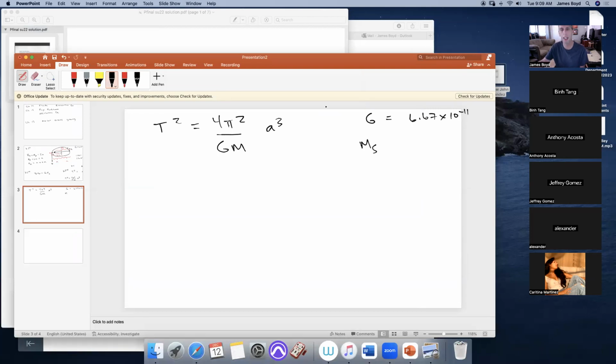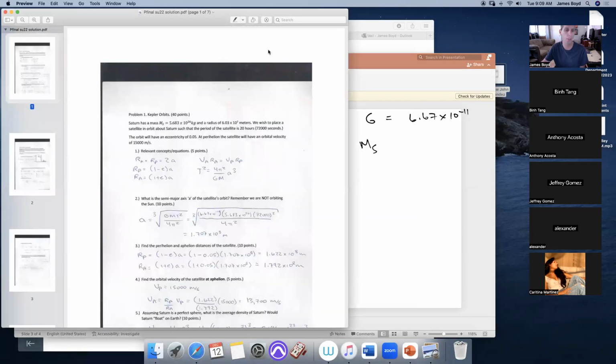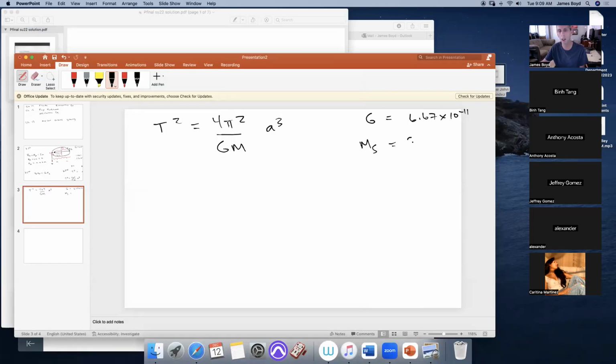The mass of Saturn was given in the problem as 5.683 times 10 to the 26. And again, everyone, this is being recorded, so you'll be able to watch this later. It usually takes about an hour to compile once we stop recording. So knowing this, we can compute A.